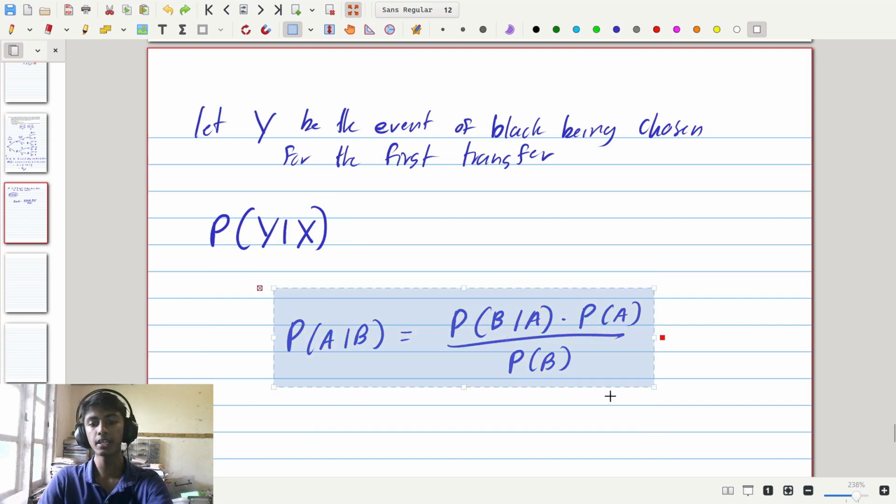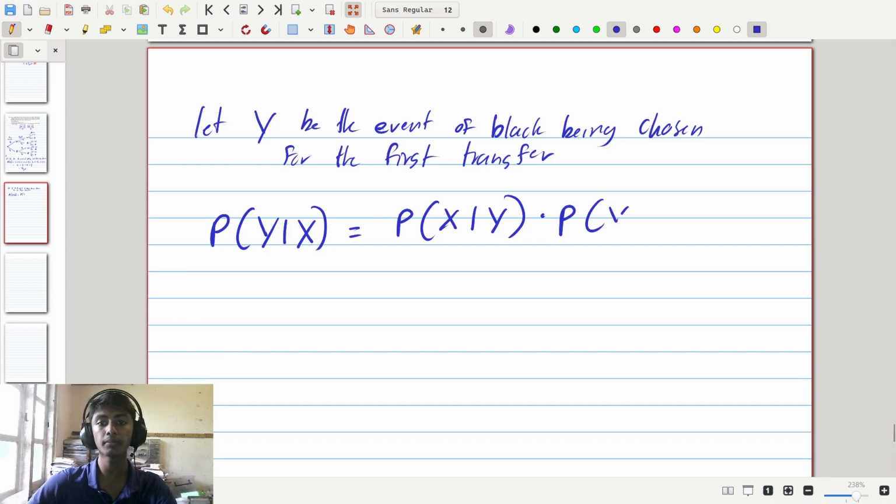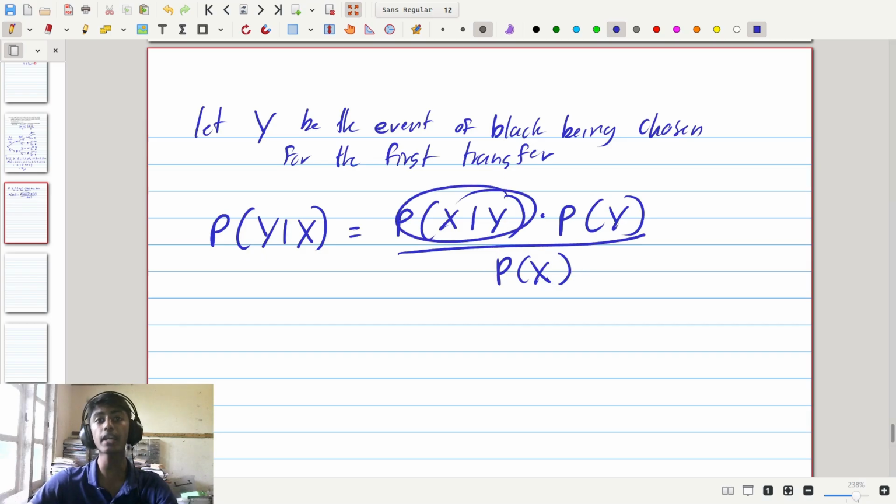So doing that, if I just use this identity here, I can see the probability of Y given X is equal to the probability of X given Y times the probability of Y divided by the probability of X. Now here, if we consider the values that we need, the probability of Y, we need the probability of X, and we need the probability of X given Y.